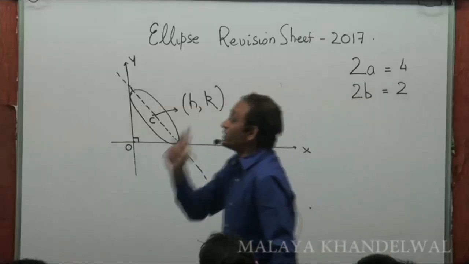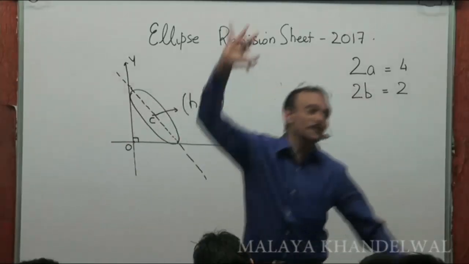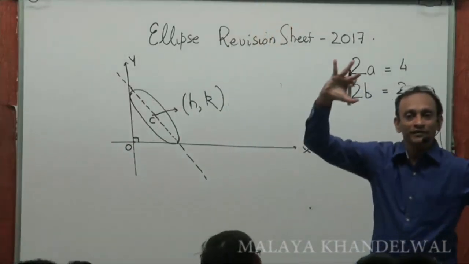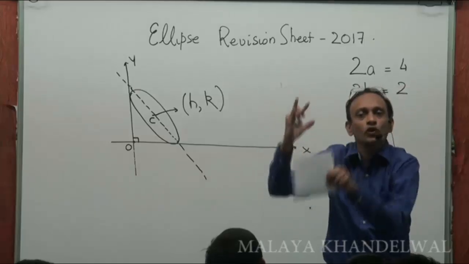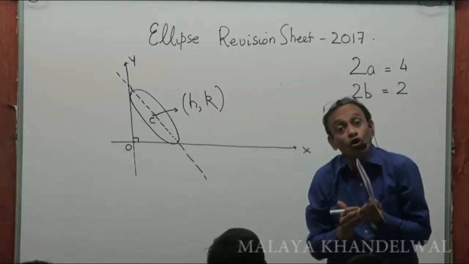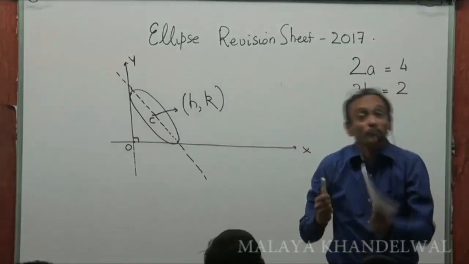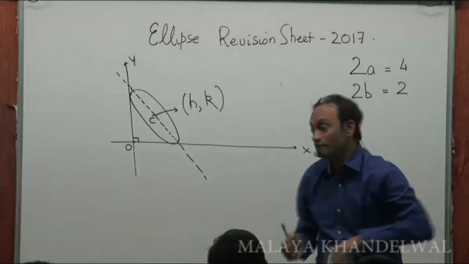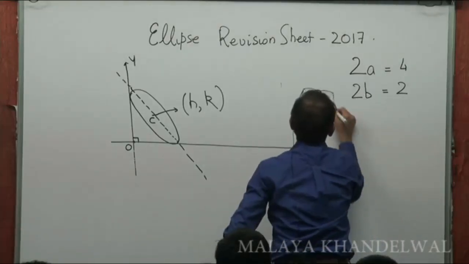That means at all times O must lie on the director circle of the ellipse. Right? Even though the ellipse occupies newer and newer positions, O will lie on the director circle of all these positions. Right? So O lies on the director circle.